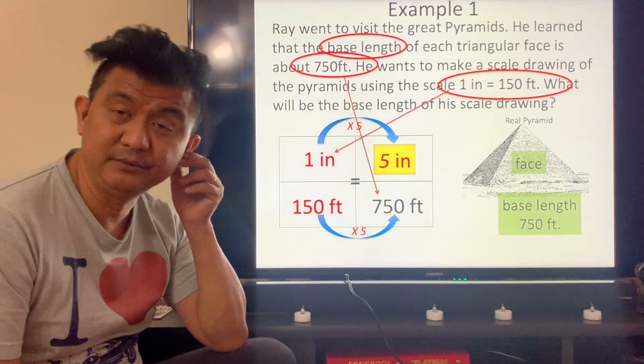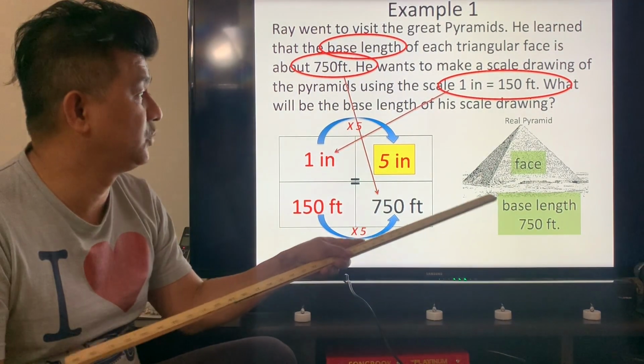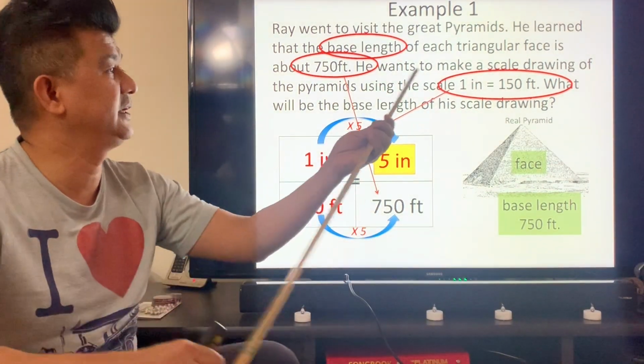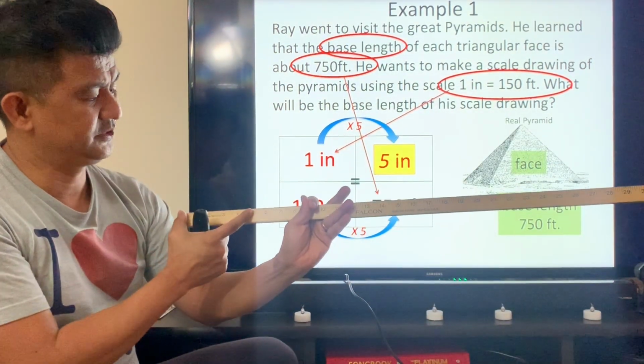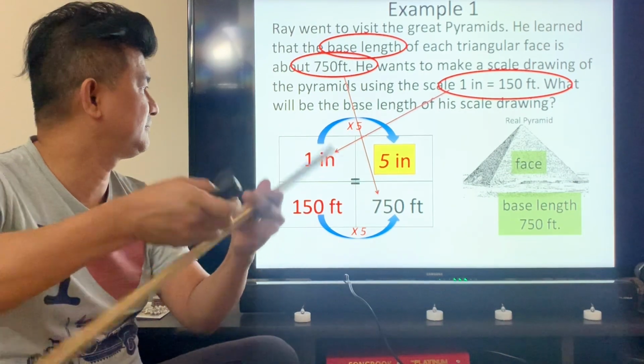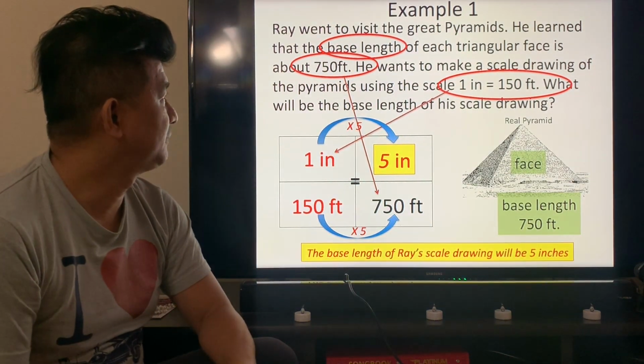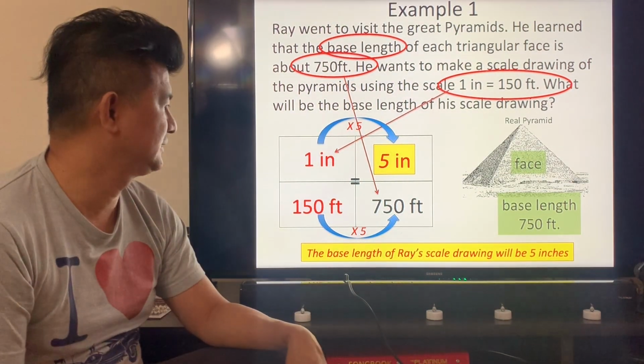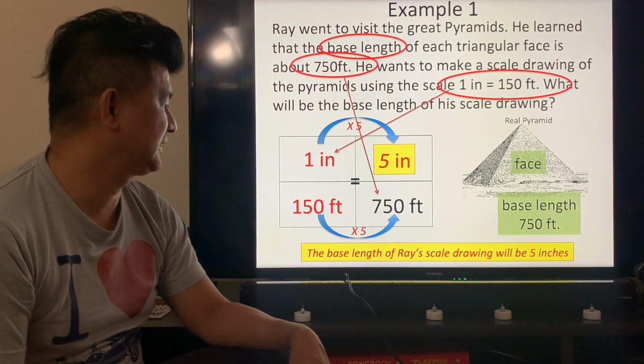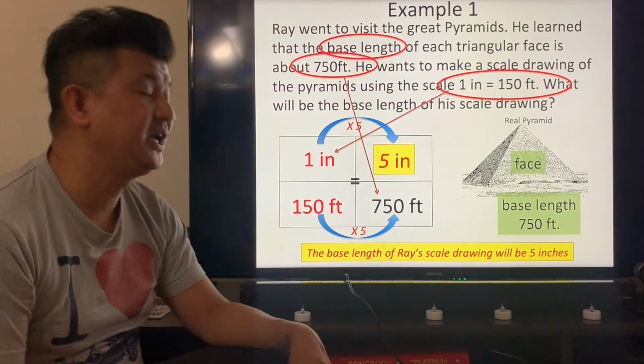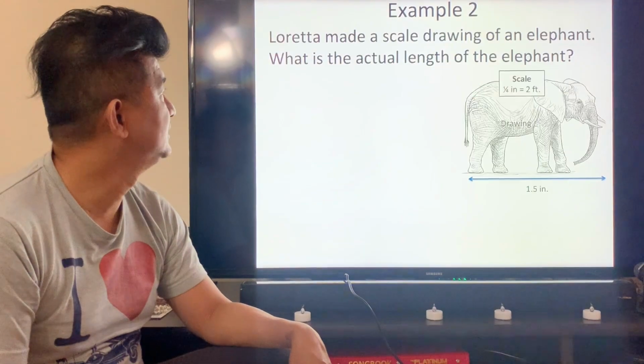So in the drawing, this will be 5 inches, about like this. 5 inches in the drawing. Okay, problem, let's summarize. The base length of Ray's scale drawing will be 5 inches.